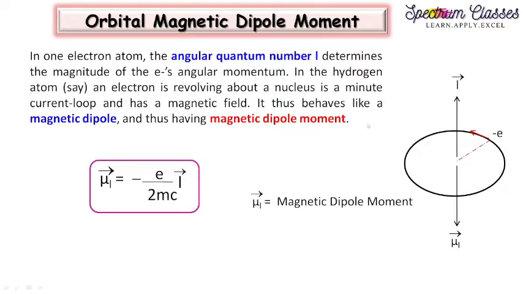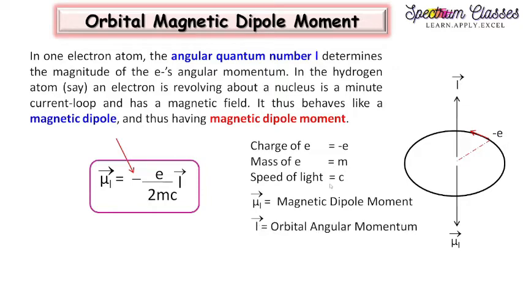Here e is the charge on the electron, m is the mass of the electron, and c is the speed of light.